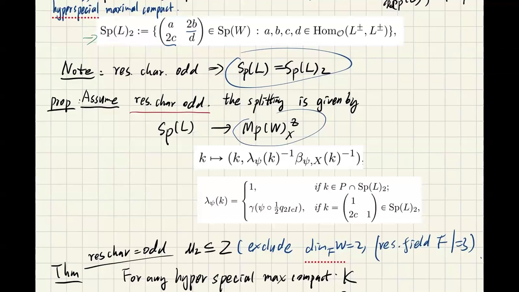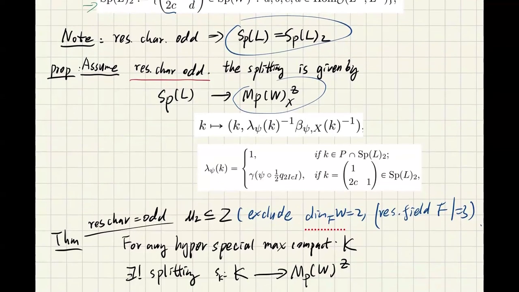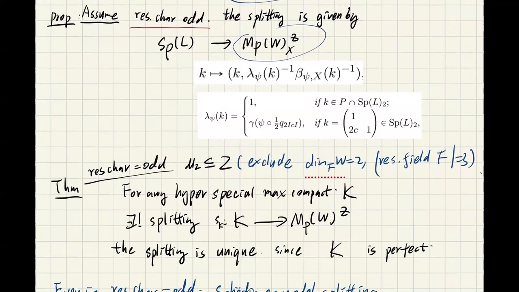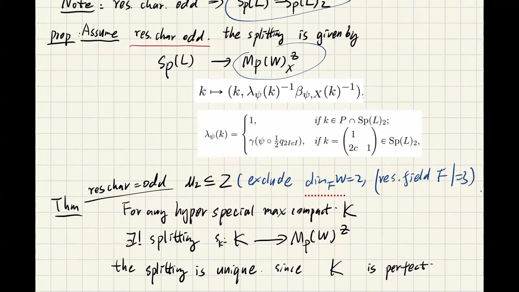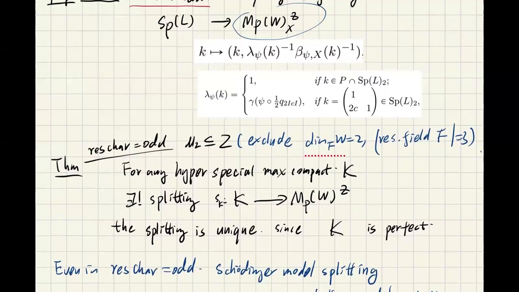So I just write SPL into the metaplectic group. You will have a splitting, and this splitting is actually a group homomorphism. This is what they proved in the book. SPL is an almost perfect group, except for a headache case: when the dimension of W is equal to 2 and the residue field of F has 3 elements, then this group is not perfect, because its reduction mod P is not perfect.